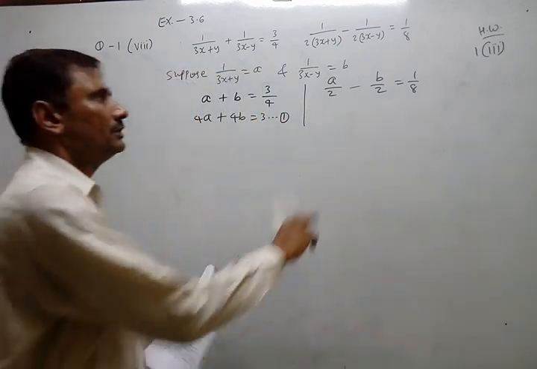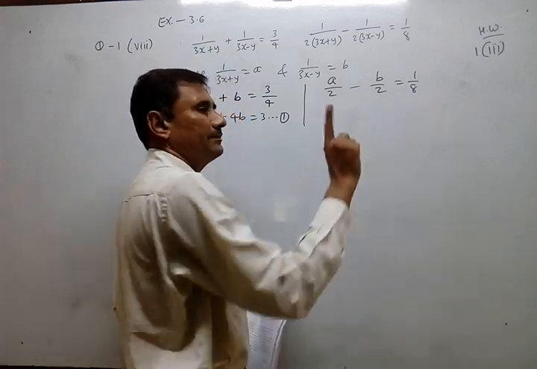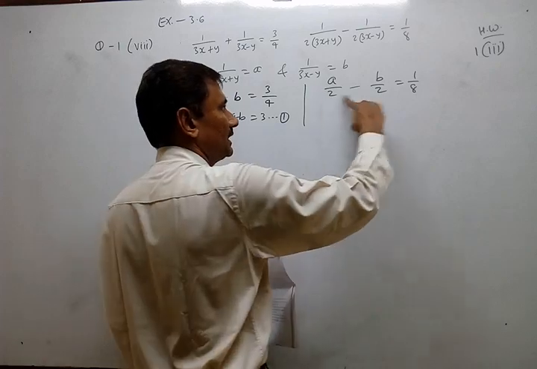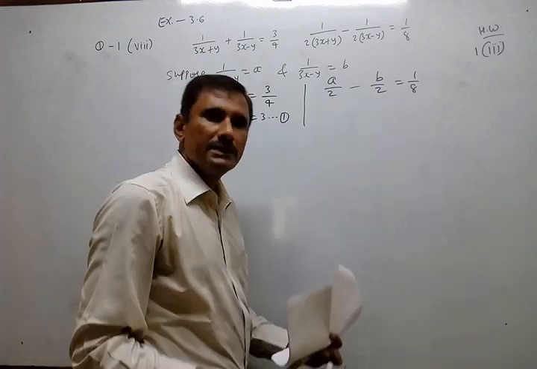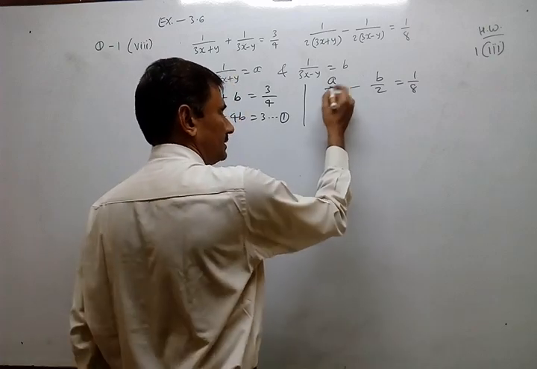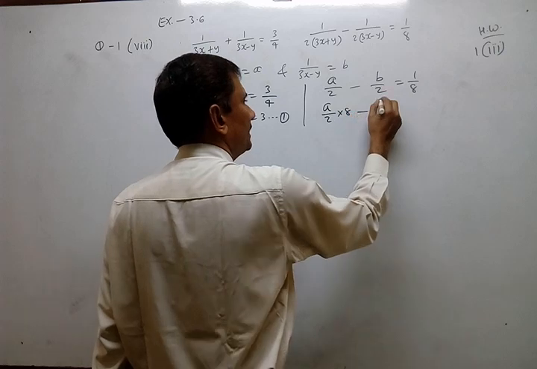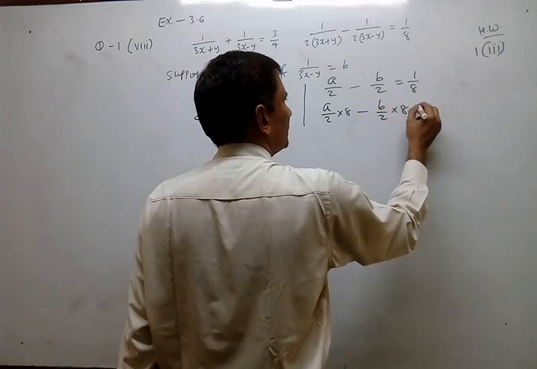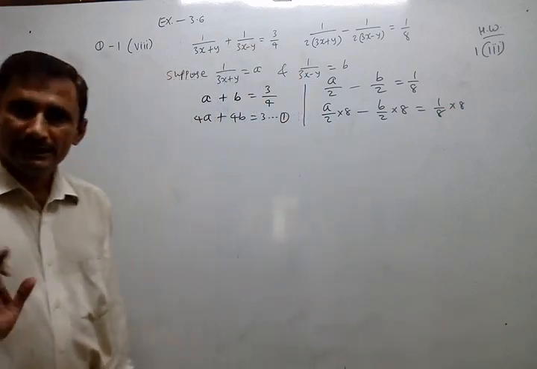If you want to remove all denominators, then just multiply by the LCM. So I multiply the whole equation by the LCM. The LCM of 2 and 8 is 8. So multiply by 8. So a by 2 into 8 minus b by 2 into 8 equal to 1 upon 8 into 8. Okay, so that is the way.